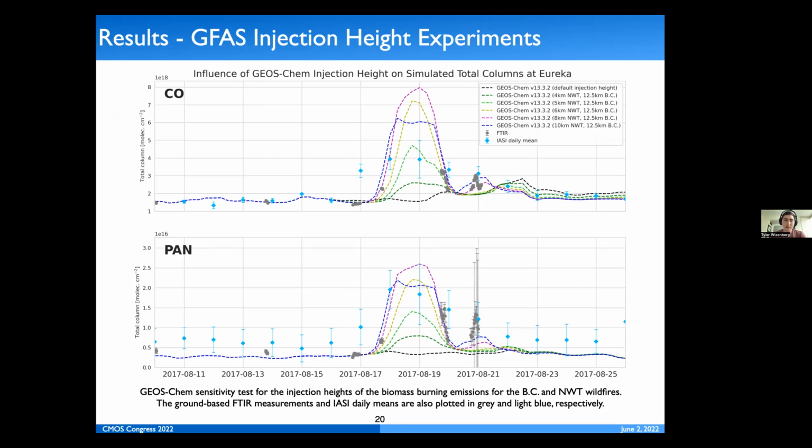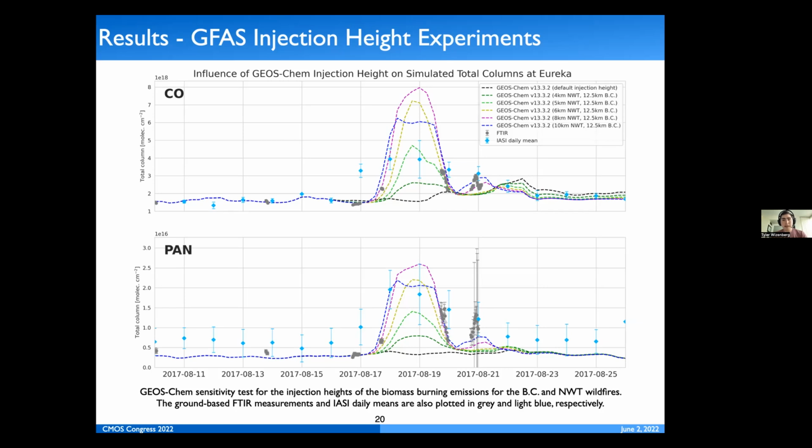But the Northwest Territories fires have not really been looked at in the same detail. So to understand what the appropriate injection height for the Northwest Territories fires should be, we fixed the injection height for the BC fires, then varied the injection height for the Northwest Territories fires, and looked at the subsequent enhancement and the correlations with the observations.